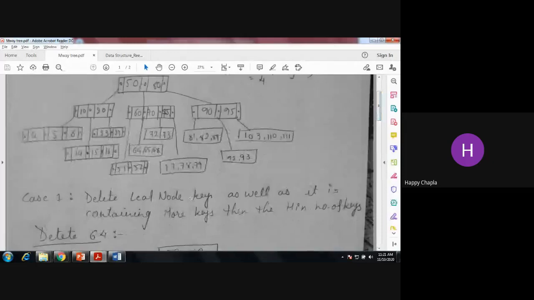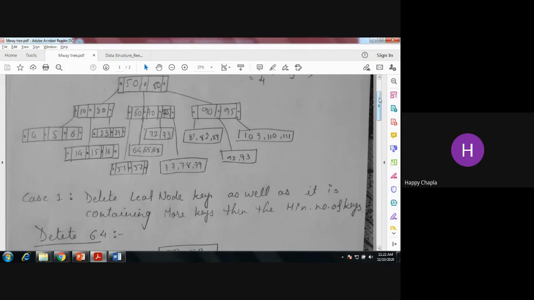Here is the tree: 50, 80, 10, 20, 4, 5, 6, 23, 27, 60, 70, 75, 72, 73. Then the nodes from 60, 70, and 75, 90 and 95 contain 81, 82, 89, 92, 93, 103, 110, and 111.